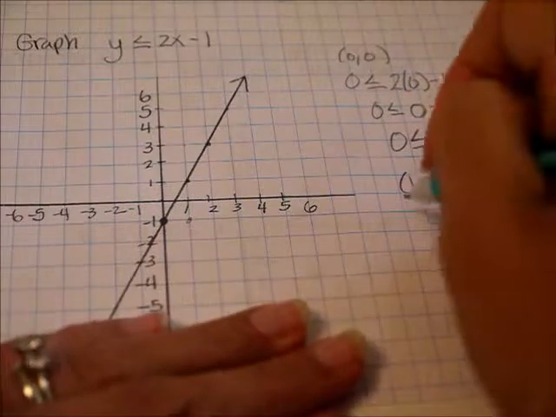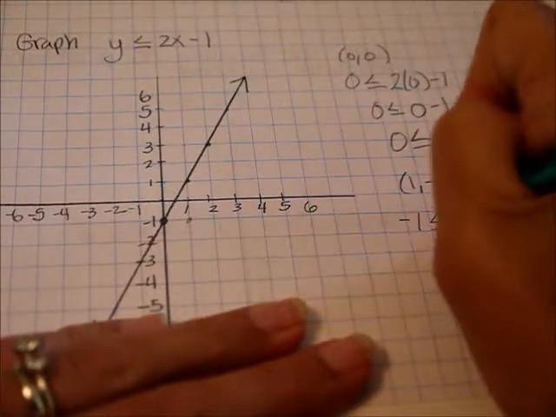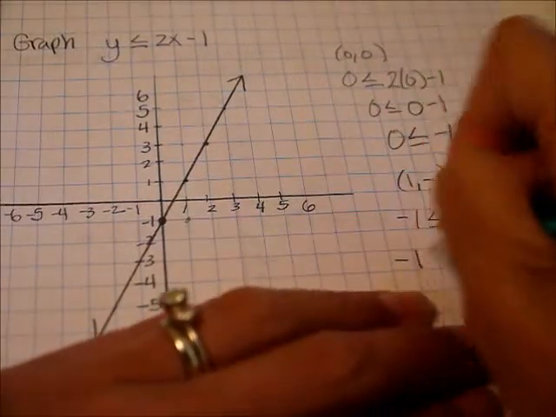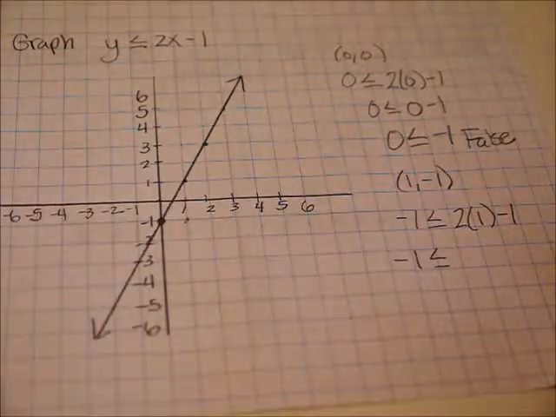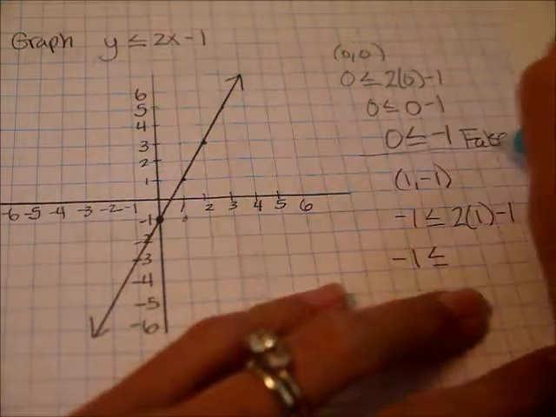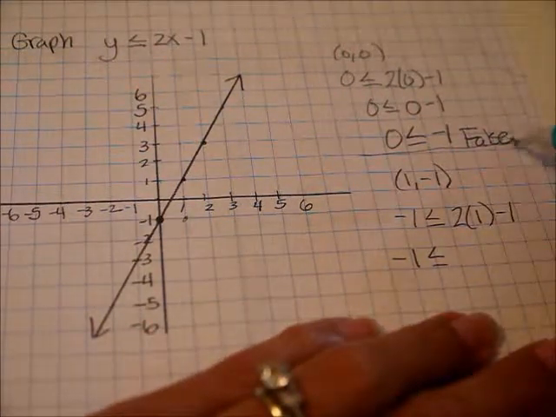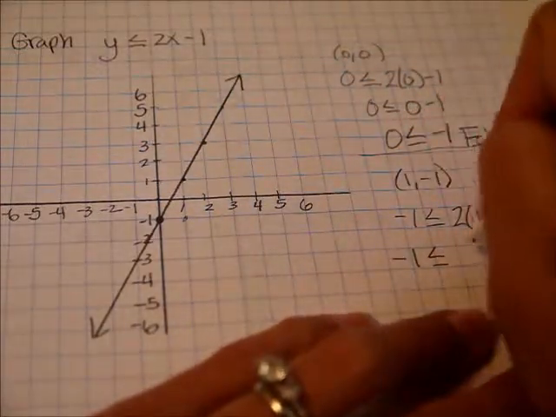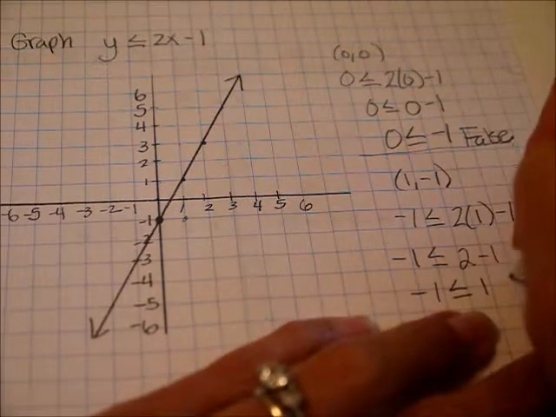Obviously, this should be true since the point on the other side was false, but I'm just proving it. If you got to this point up here, I'm not going to force you to do this part because if that side is false, this must be true. Alright, so 2 minus 1 is negative 1 less than or equal to 1. True.